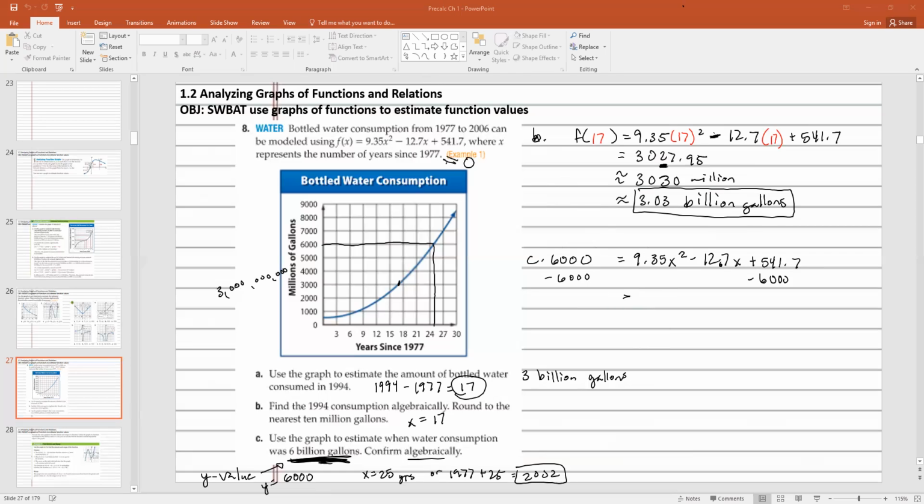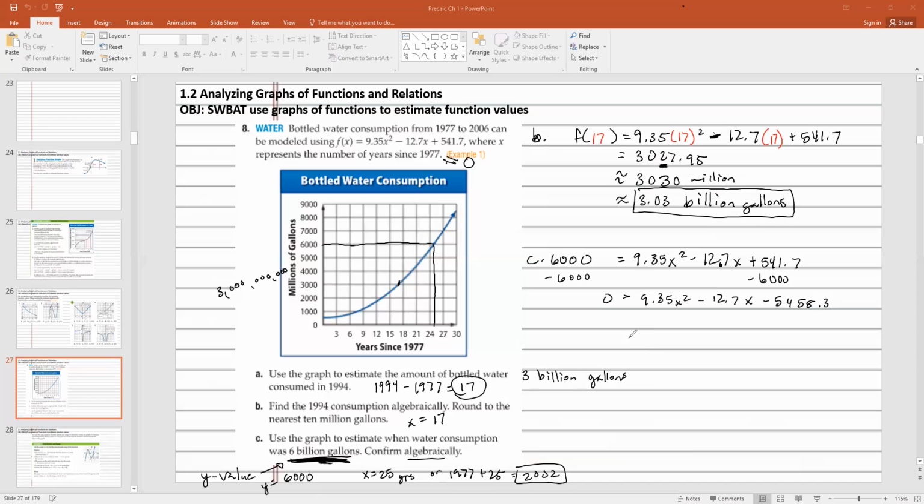And our constant is right there. All right, so there we get 9.35x squared minus 12.7x minus 5,458.3, and it equals 0.